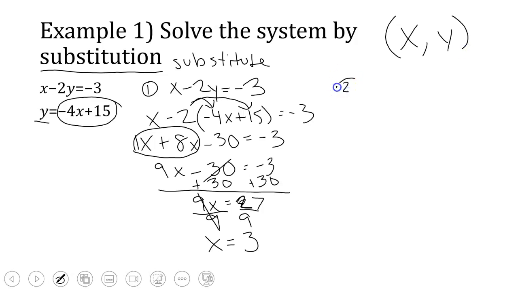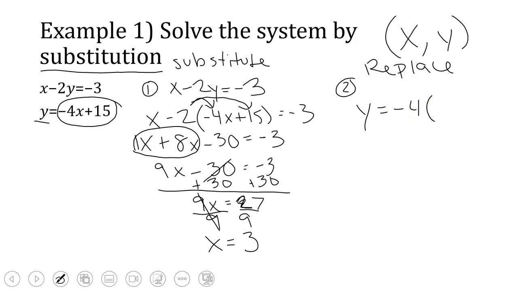So your second step, after you substitute, you're going to replace. Using that 3, let's go back to one of our original equations in the problem, and instead of x, we're going to put the 3. I'm going to use this one because we're looking for y, so why not use y equals negative 4x plus 15.